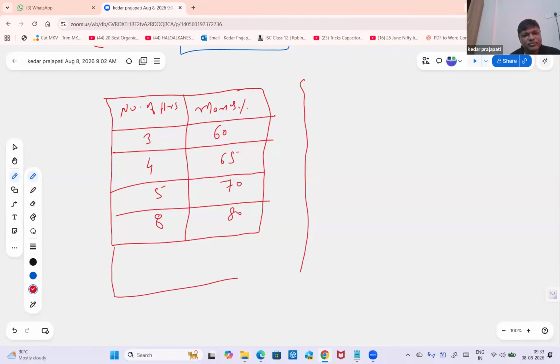So on, there is a very big data, and all are not linear. Right now I'm giving a small set. If someone studies 12, 13 hours, he will become a topper, like 95% or something.